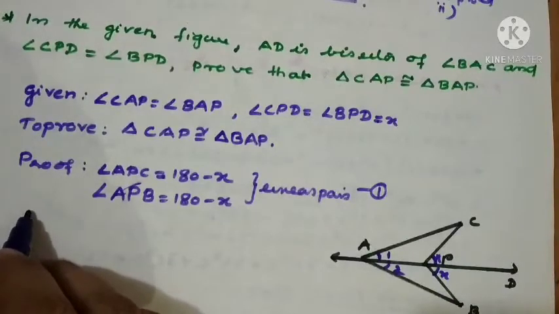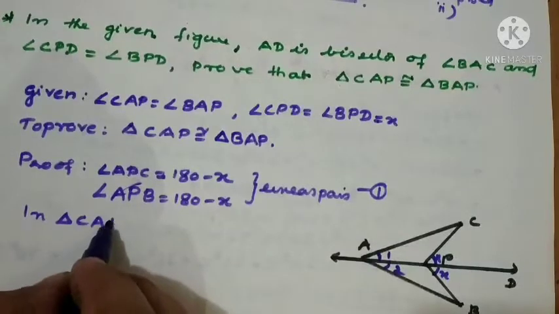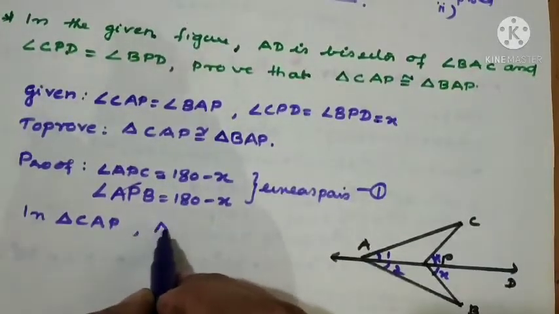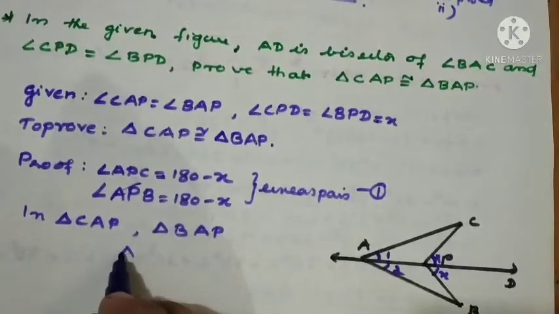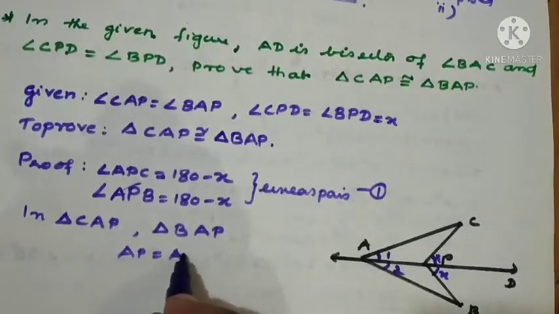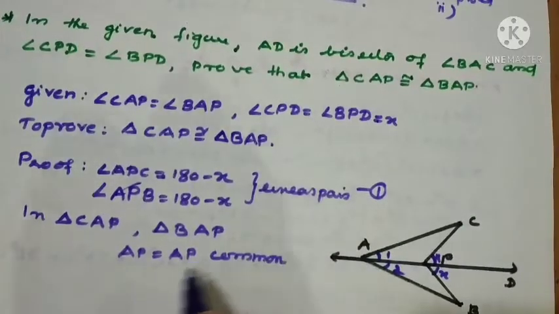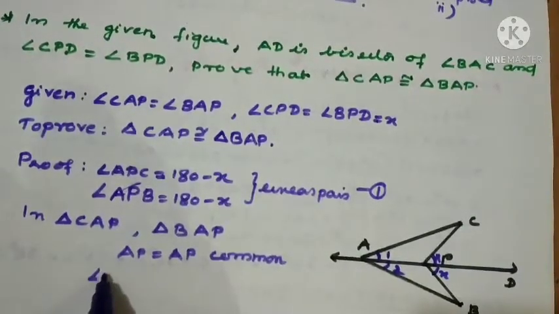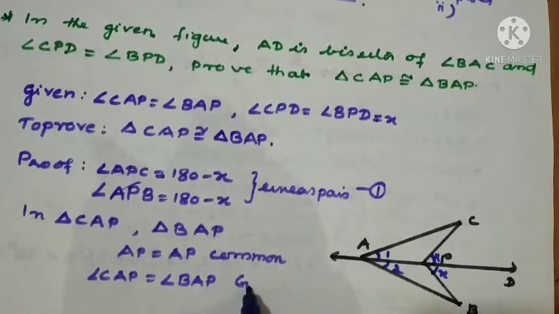We can write here triangle CAP and triangle BAP. AP is common. Angle CAP equal to angle BAP, given you can write, or bisect.